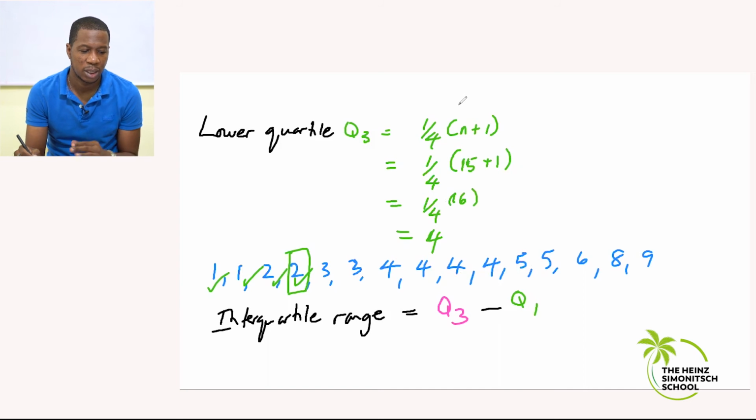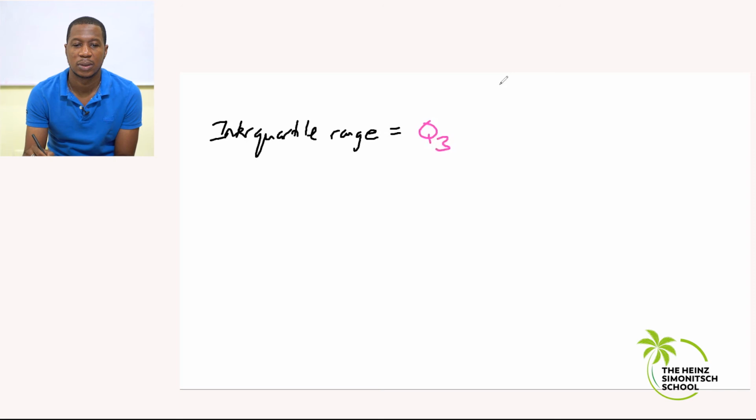We had found earlier that Q3 is 5, and we have now found that Q1, which is the lower quartile, is actually 2.